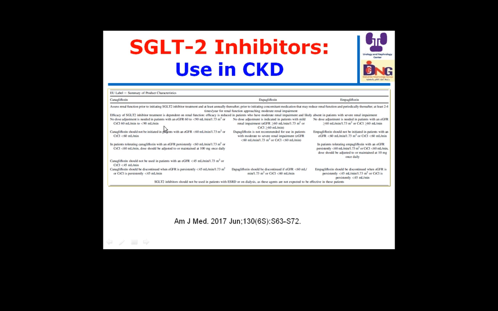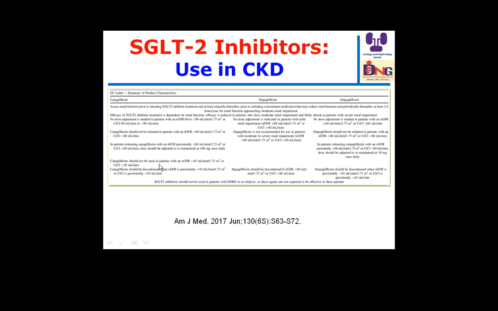No dose adjustment for canagliflozin if estimated GFR is between 60 to 90. Canagliflozin shouldn't be initiated if estimated GFR is less than 60. In patients tolerating canagliflozin with estimated GFR less than 60 or creatinine clearance less than 60, the dose should be adjusted and maintained at 100 milligram once daily.